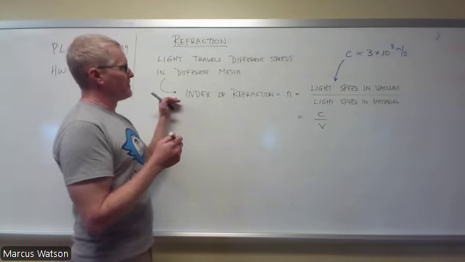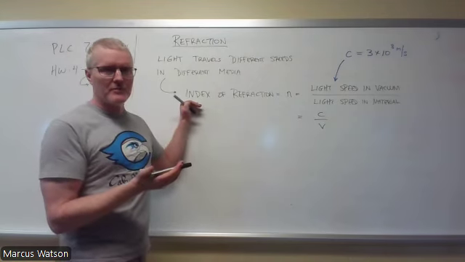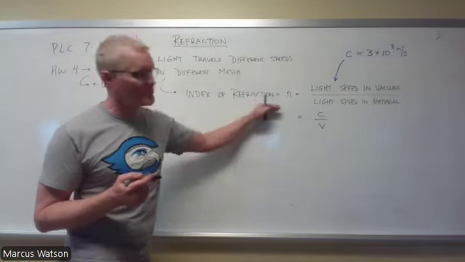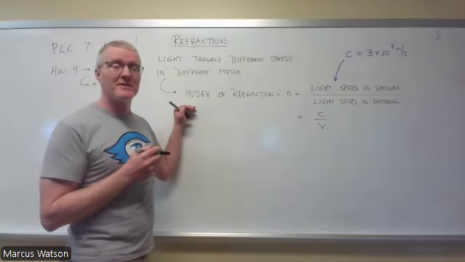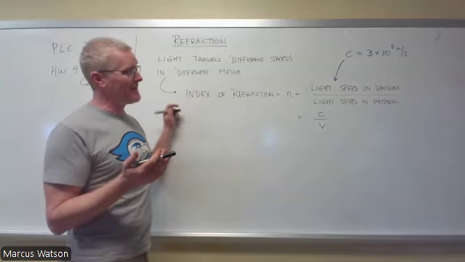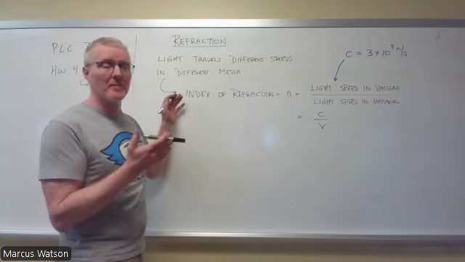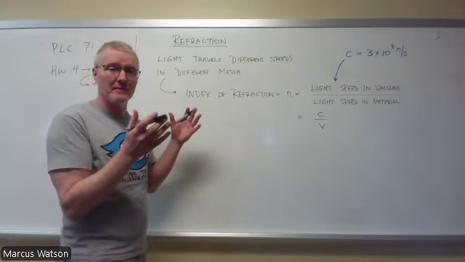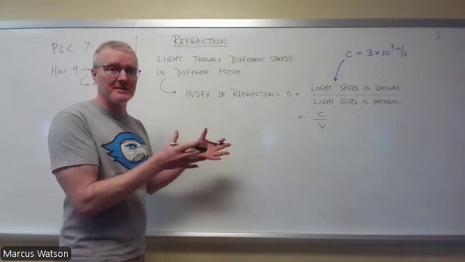Now, because you haven't been required to take 4B prior to this class, we can't go into too much on where the physical origins of the index of refraction come from. But if you have had 4B, this is a material property, and it's very related to the polarizability of a material and its dielectric constant.